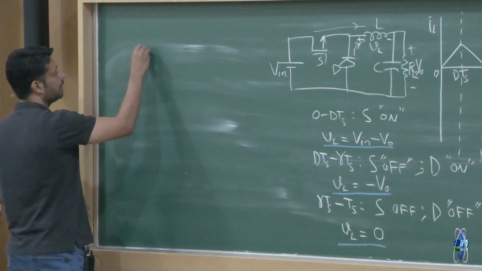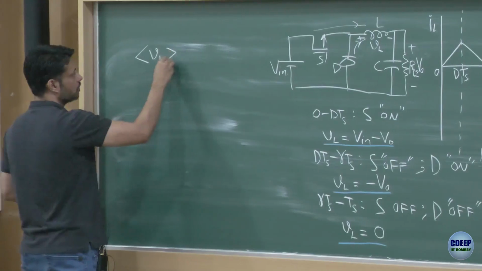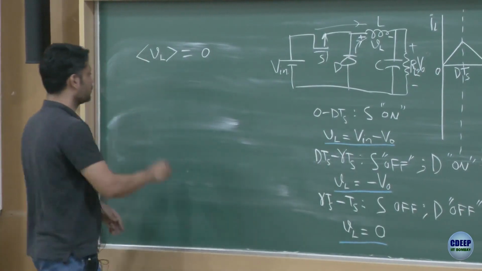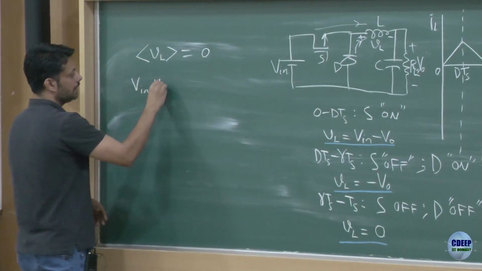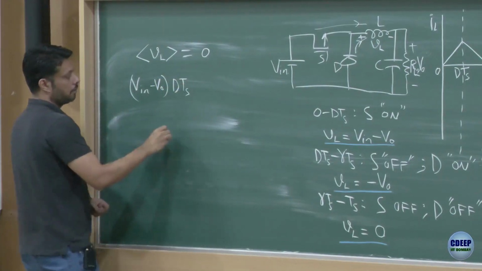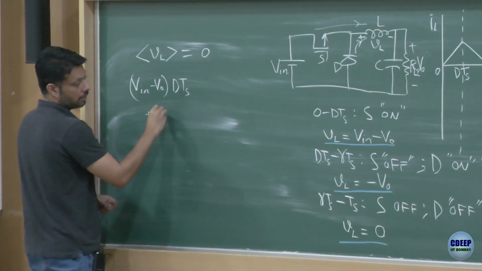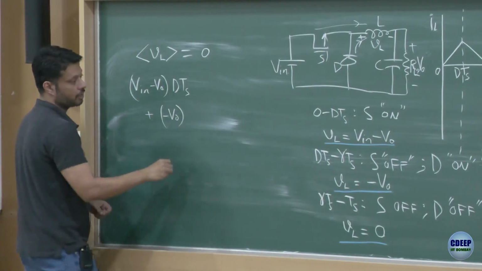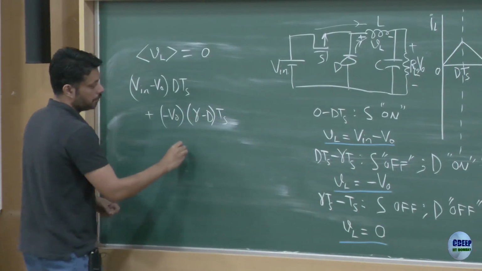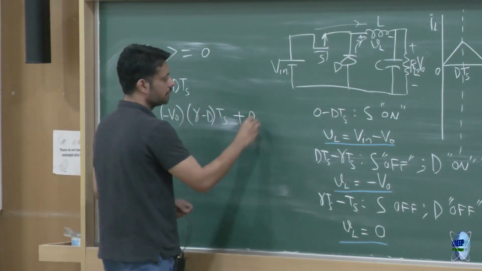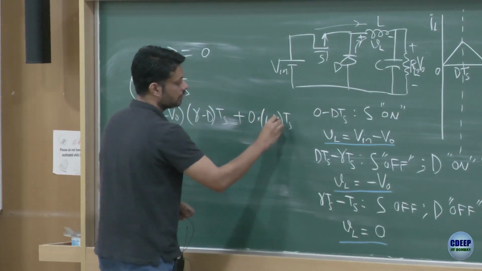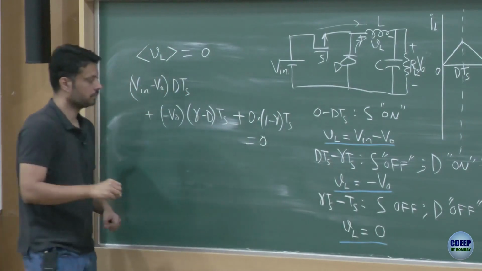Okay, so I can apply volt second balance, I can equate the average voltage of the inductor to 0, and if I do that, I can write (Vin minus VO) applied for a duration of d times Ts, plus minus VO applied for a duration of (gamma minus d) times Ts, plus 0 applied for a duration of (1 minus gamma) times Ts, equals 0.